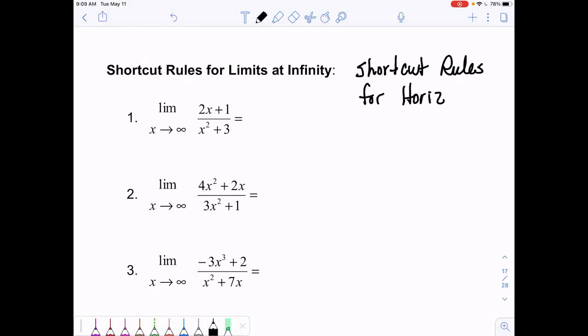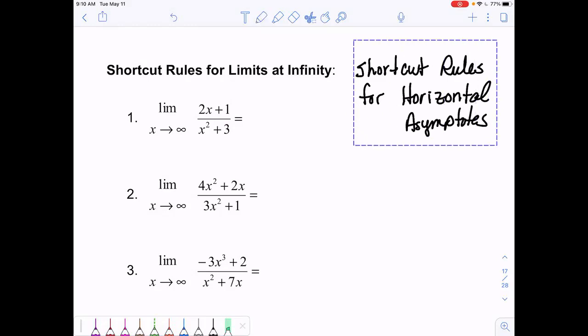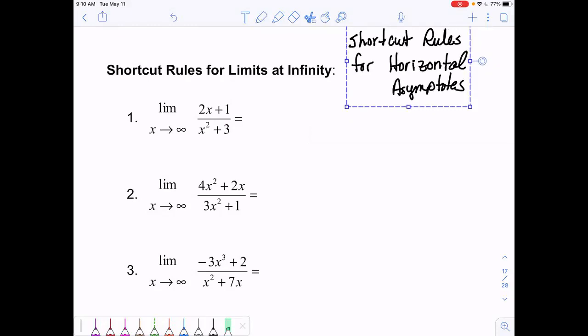Specifically, those horizontal asymptotes that we found in chapter 2. So go back in your brain, think back to chapter 2.